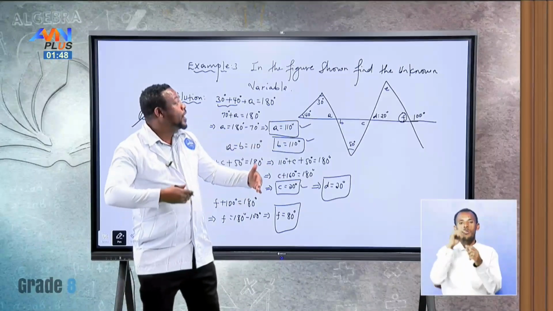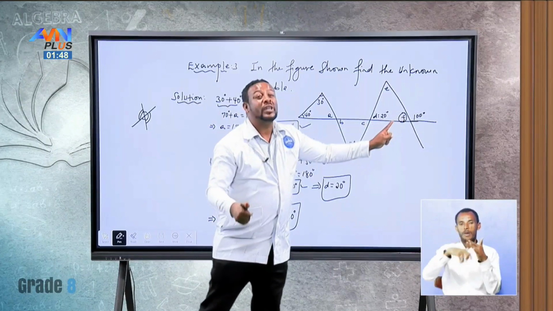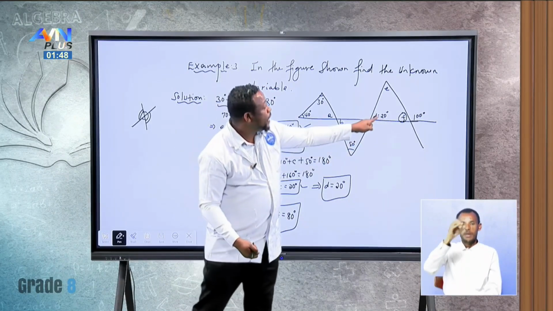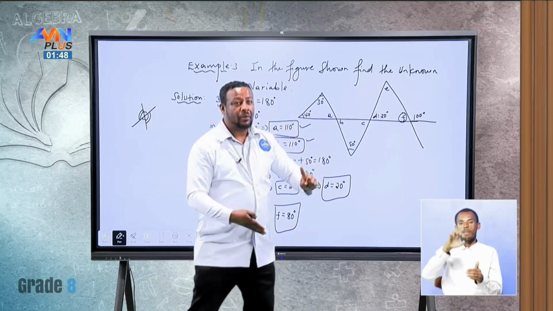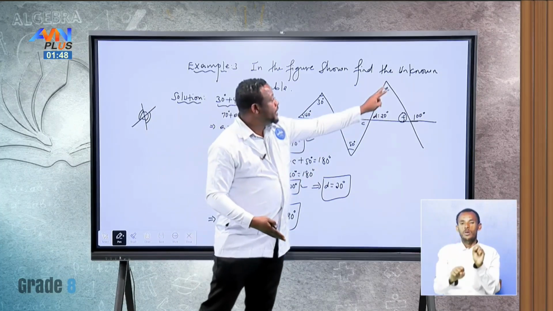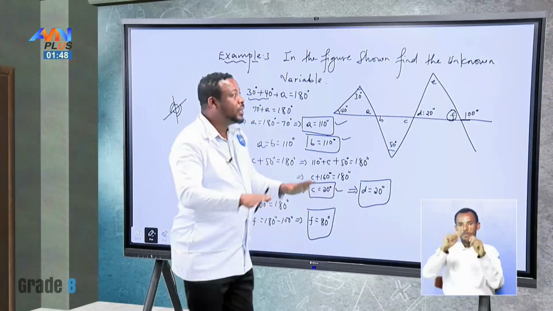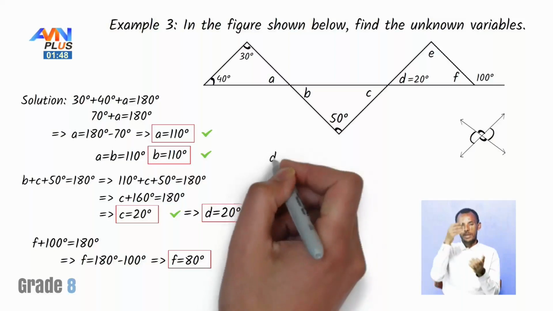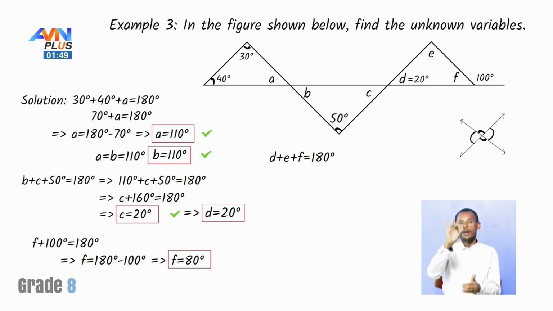We already have the value of F, which is 80 degrees, and the value of D, which is 20 degrees. Since these three angles form the interior angles of a triangle, D plus E plus F is 180 degrees, right?